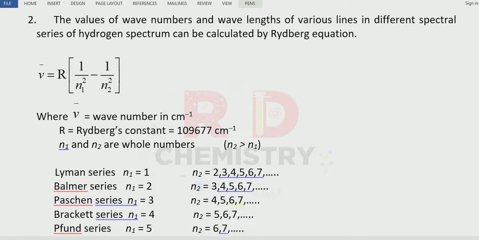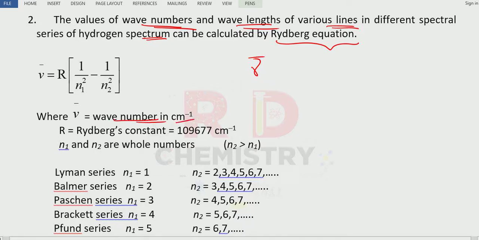The wave numbers and the wavelengths of various lines of the hydrogen spectrum can be studied using the Rydberg equation. What is the Rydberg equation? Nu bar stands for the wave number, in terms of centimeter inverse, is equal to R, the Rydberg constant, into 1 by n1 square minus 1 by n2 square.